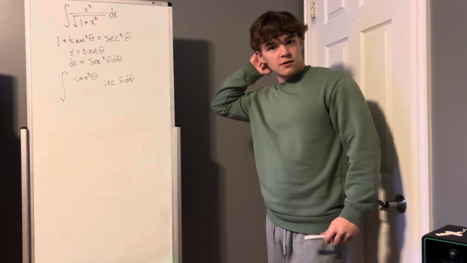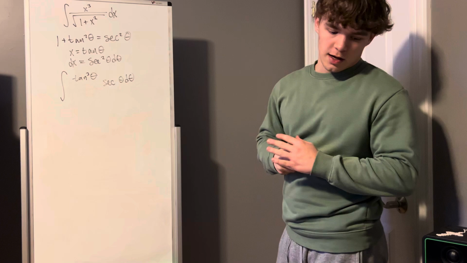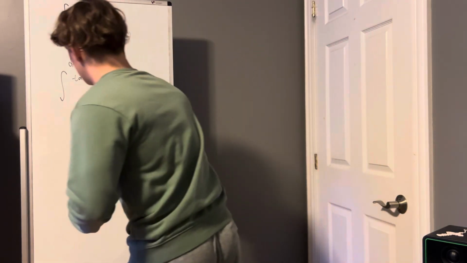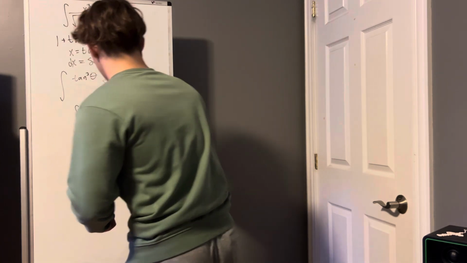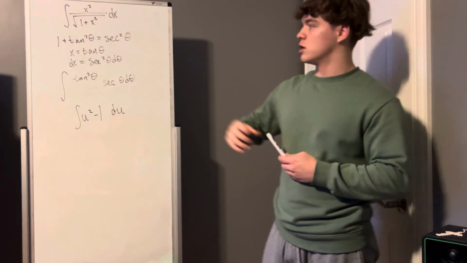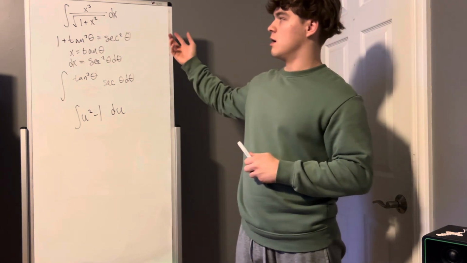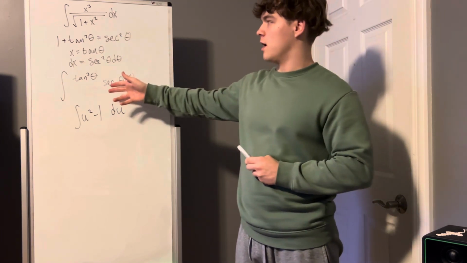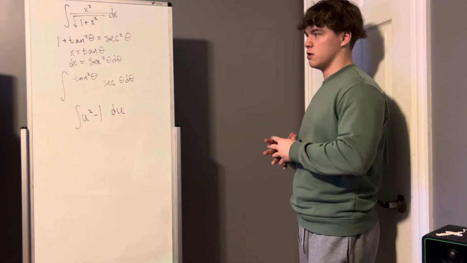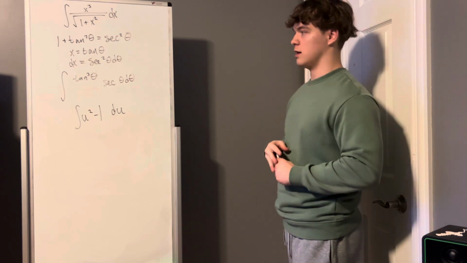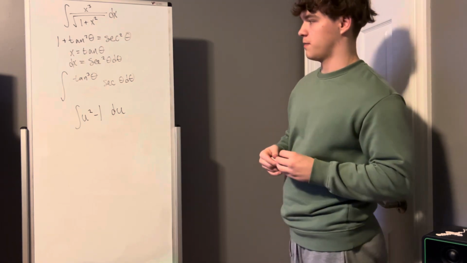Now, if you watched the last video, you would know that we can actually reduce this integral down to the integral of u squared minus 1 du, since we can change one of these tan squared thetas into secant squared theta minus 1, and our u could be let equal secant theta, our du secant theta tan theta d theta, and this is how we would end up with this.